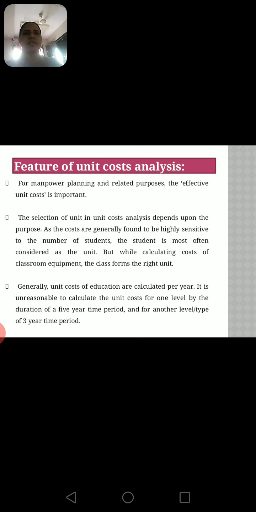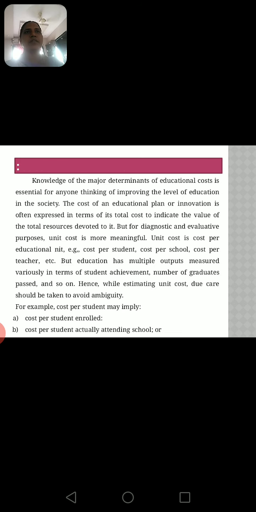Next, the determinants of educational costs. Knowledge of the major determinants of educational cost is essential for anyone thinking of improving the level of education in society.